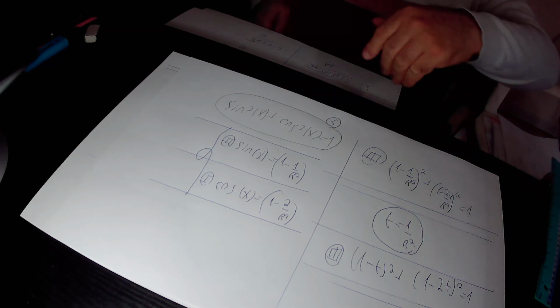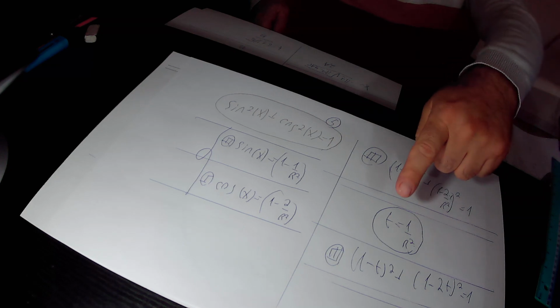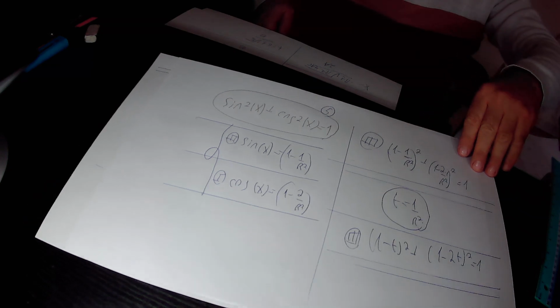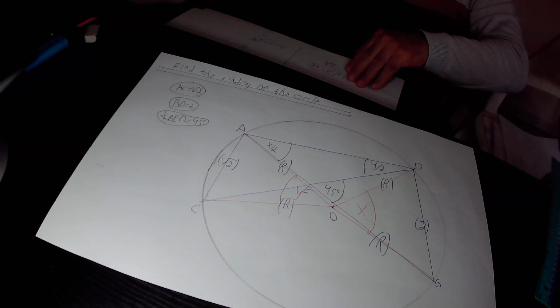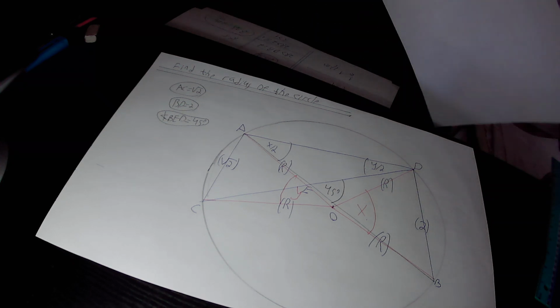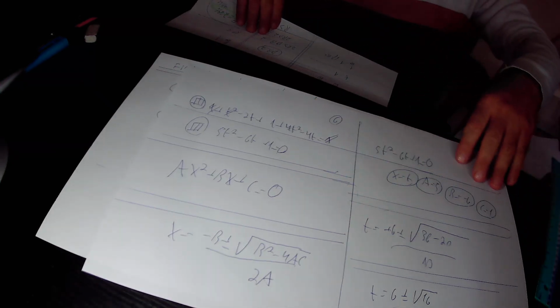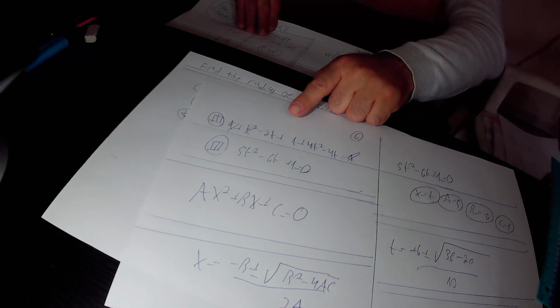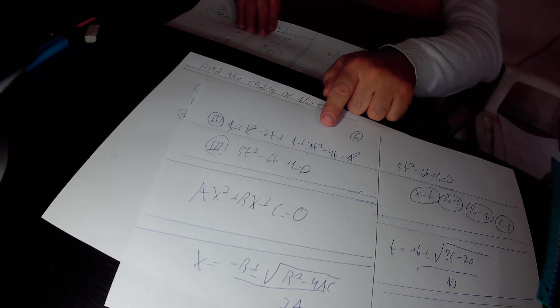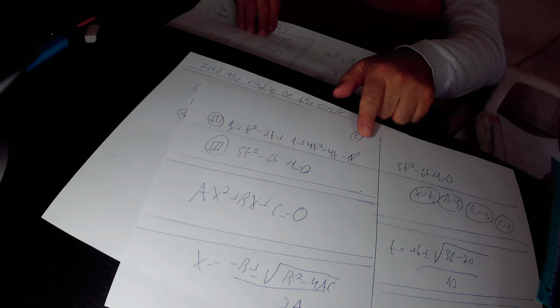So after we open the brackets on this side of equation 3, in total we found that 1 plus t squared minus 2t plus 1 plus 4t squared minus 4t equals 1.